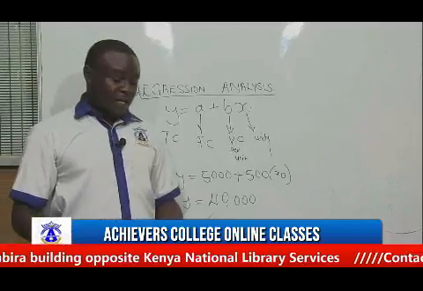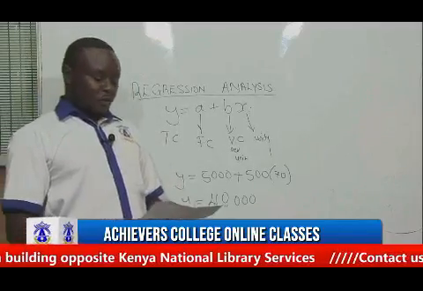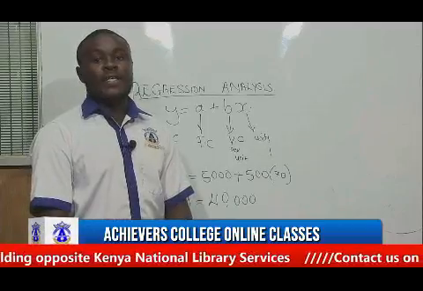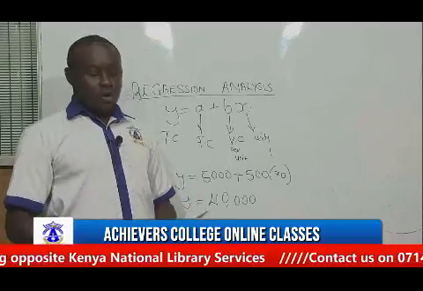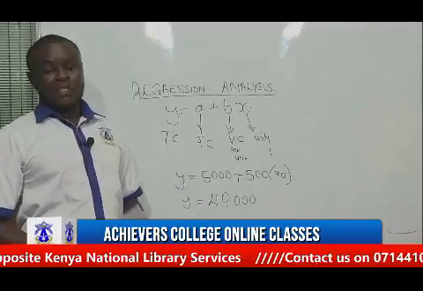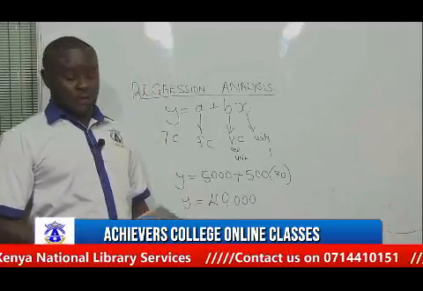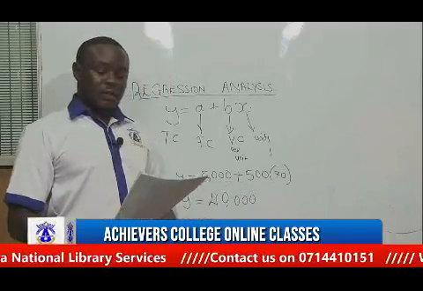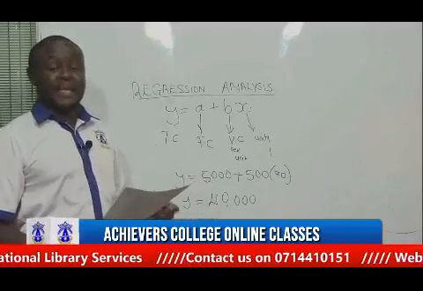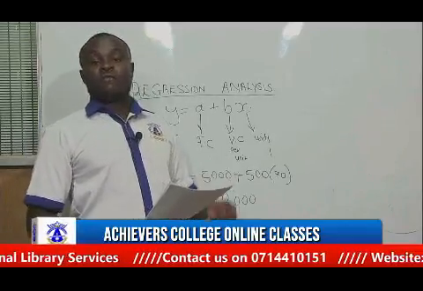I want to believe that we are working together. Now, from there, we are going to examine the uses of regression analysis. Number one use of regression analysis is that it estimates the relationship that exists between the dependent and independent variable.